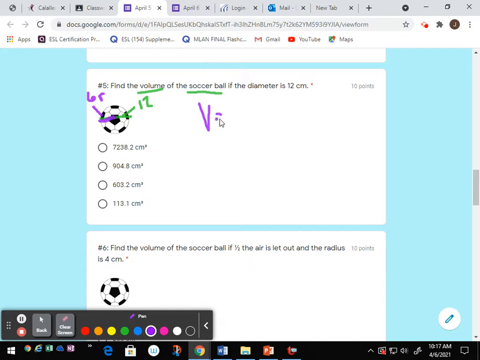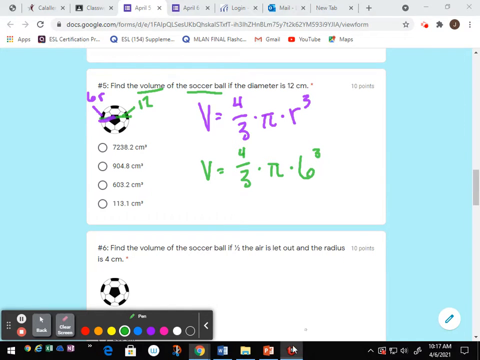Our volume formula for a sphere is 4/3 times pi times radius cubed. Right? We know our radius is 6, so all we have to do is plug in our radius into our equation. So we have volume is equal to, we drop down the 4/3 times we drop down the pi. We replace r with the number 6, and we drop down the power of 3. We plug it into our calculator.